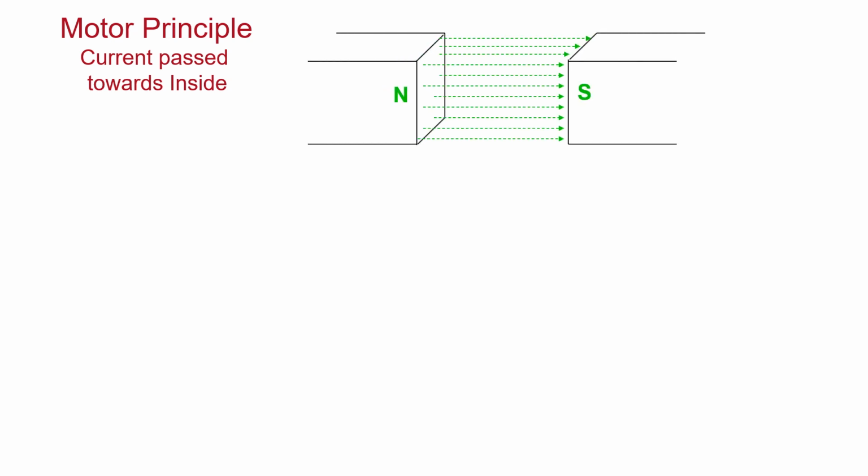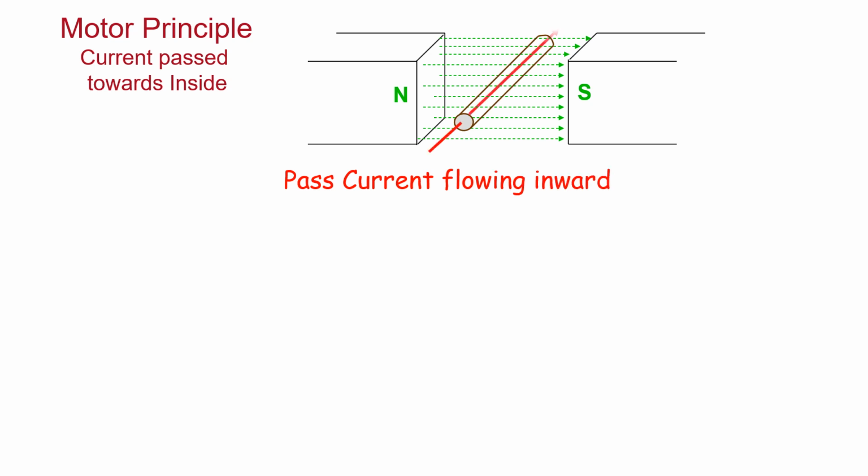We will understand the motor principle for a case where the current is passed in the conductor towards inside. We have the magnetic field which is oriented towards right. In this magnetic field, place a conductor and pass current flowing inwards. Because of this current passing through the conductor and placed in the magnetic field, a force will be acted on the conductor.